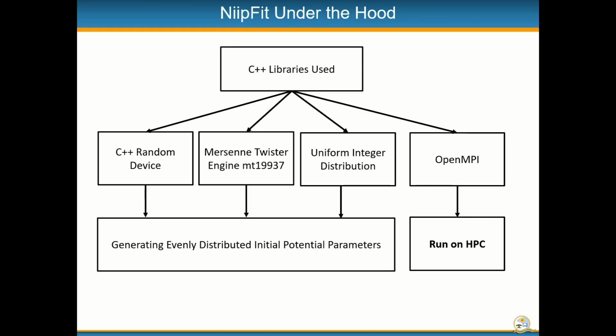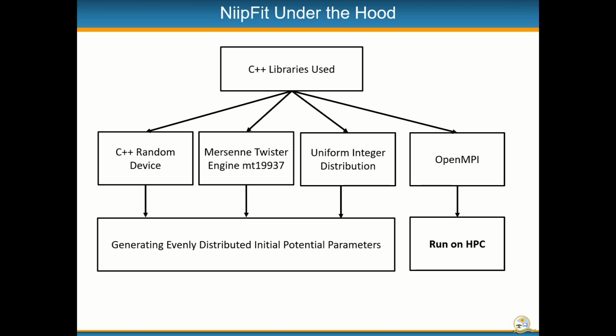Okay, this is NIFIT, well, inside. It was made using C++. We try to use C++ libraries that are typically used in data encryption, like the C++ random device, the Mersenne Twister engine, and the uniform integer distribution.